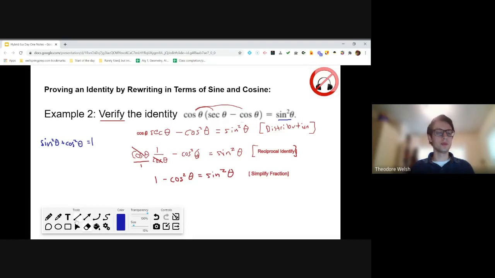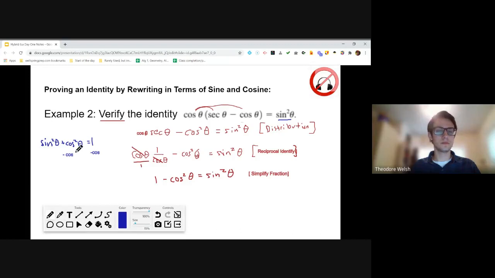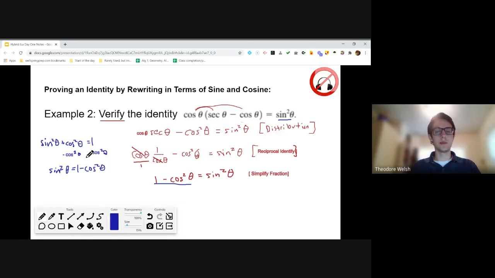What we can do instead is rework this identity so that it matches what we have here. Within this identity, we can subtract our cosine portion so that it matches what we have here. When we subtract, we get sine squared equals 1 minus cosine squared. It's still the same Pythagorean identity, just reworked.